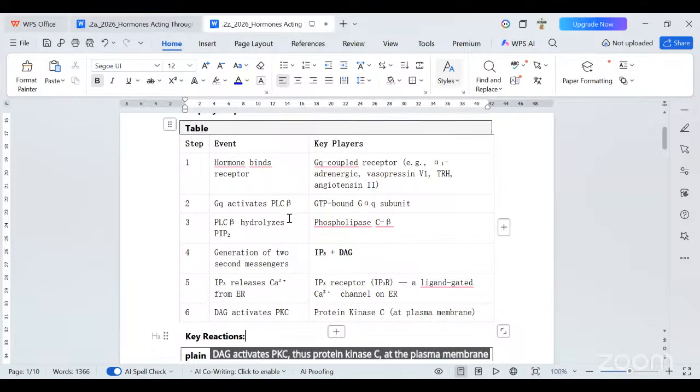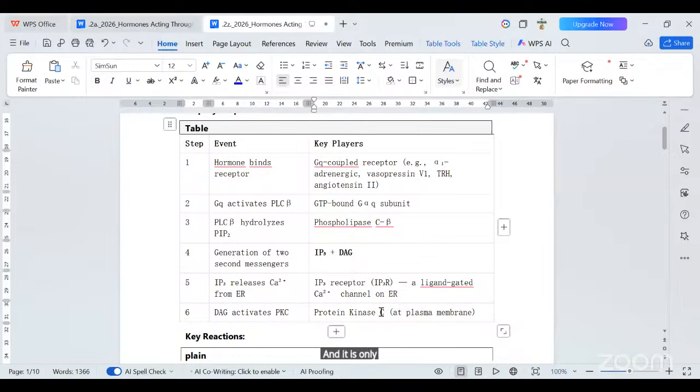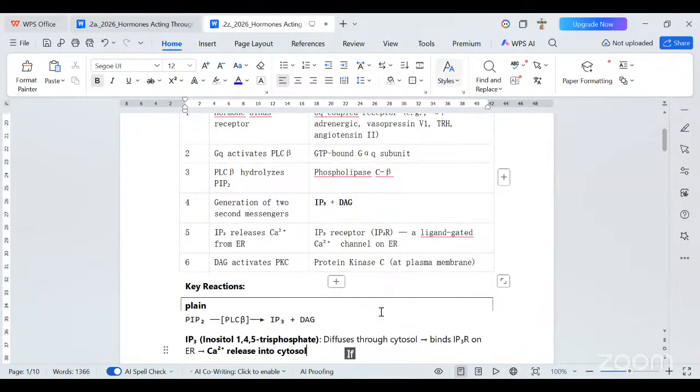So this is a six-step mechanism of how calcium is released. And it is only released if it is needed by the body.